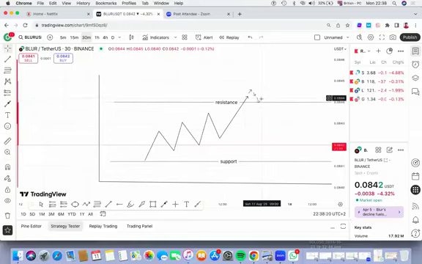So now, once we see a pullback and a retest on this level, retest means that the market goes on top of this resistance level, and then there's a pullback, okay? You can even wait for the market to retest this area, coming back to this resistance line that you drew, and it starts to pull back on it.